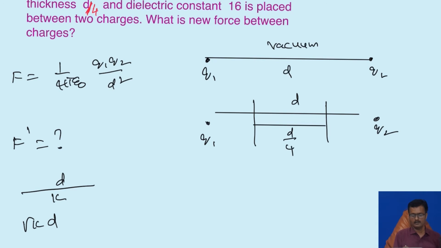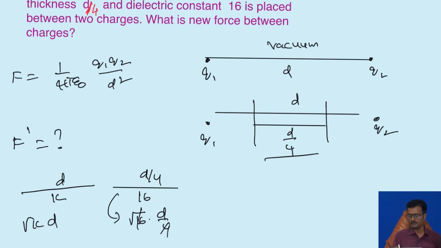See here, now the distance is d by 4, and the K value given is 16. So now the equivalent vacuum distance is root 16 into d by 4. Root 16 is 4, 4 cancels, so that is d. So d by 4 in the medium is equivalent to d in vacuum.